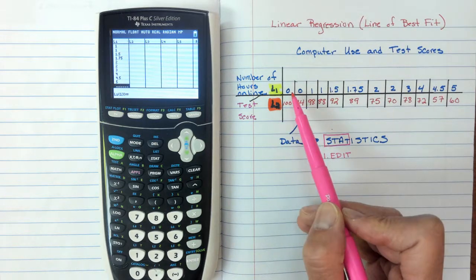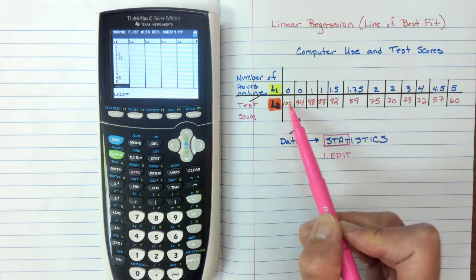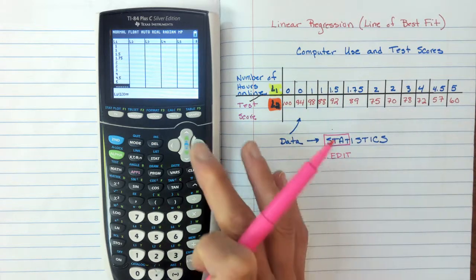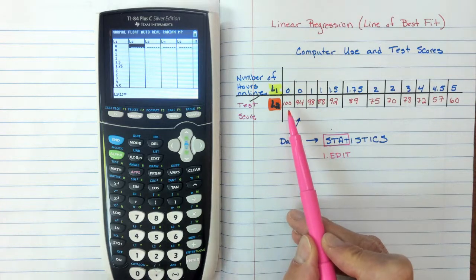I have to make sure that what goes with these in list 1 is lined up correctly, because if I don't, then I won't get the correct information.